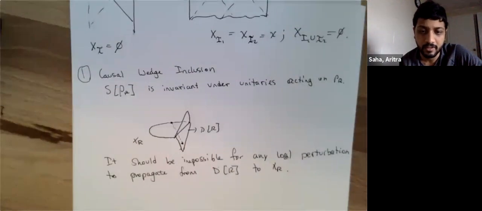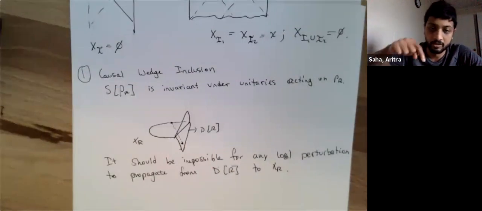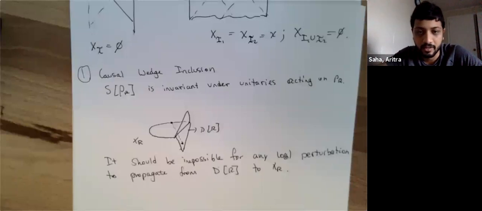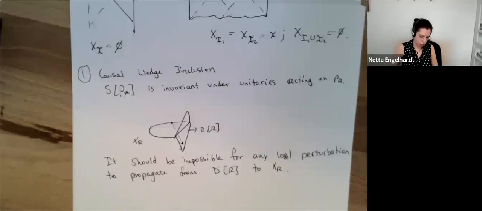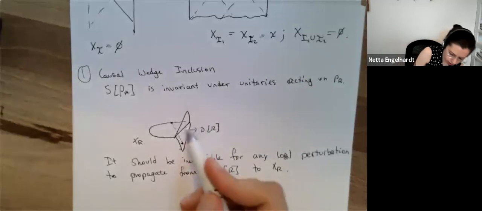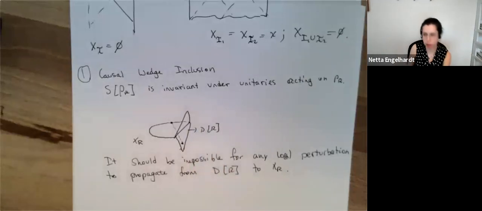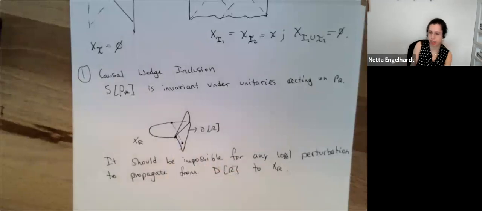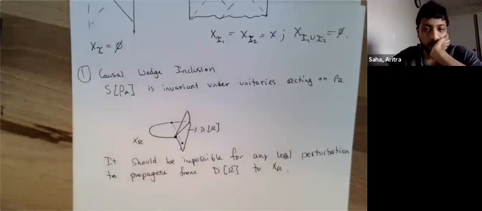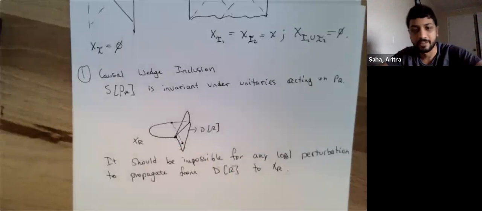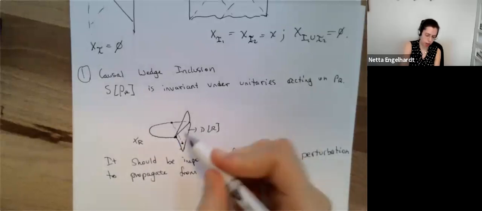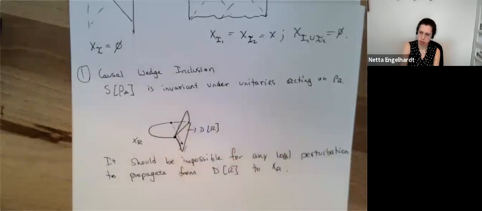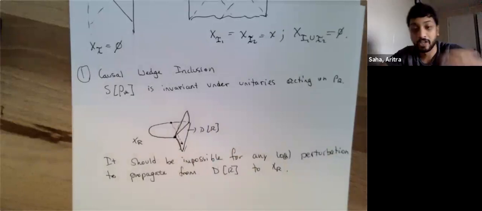What if I include a perturbation somewhere on R, the boundary? So anywhere on D of R, you don't expect it to propagate in. Now, maybe what you're asking is, what if it's literally on the boundary itself? Yes, anywhere along R.